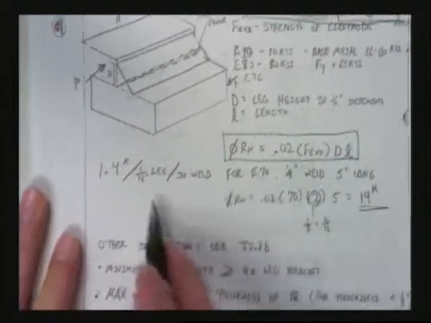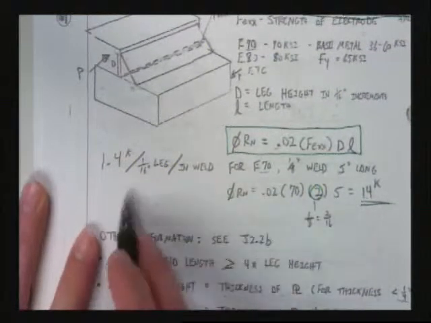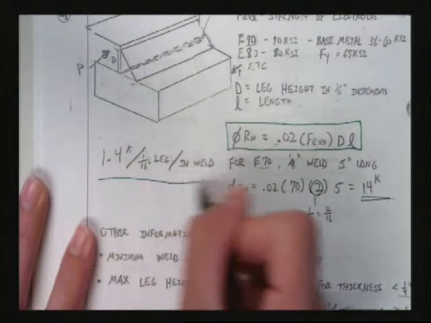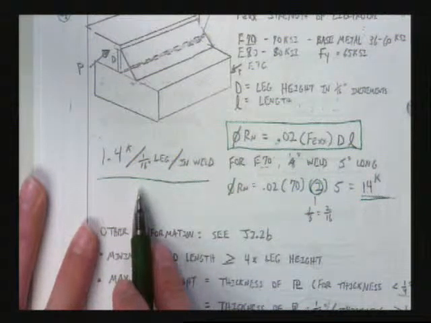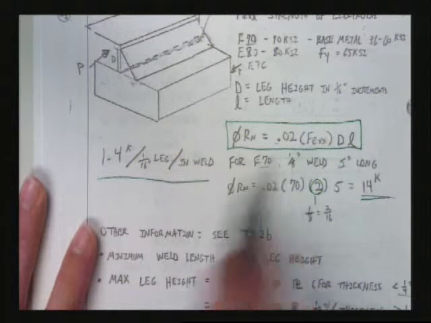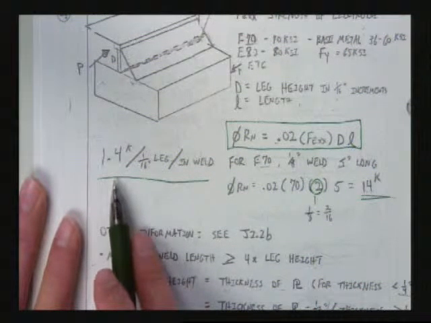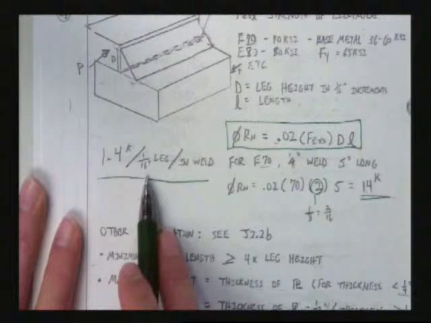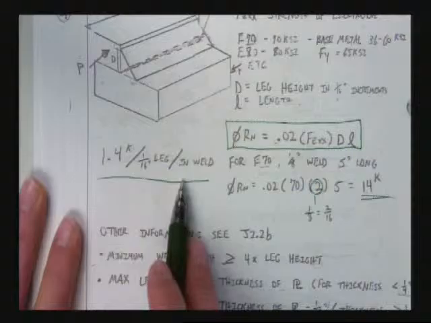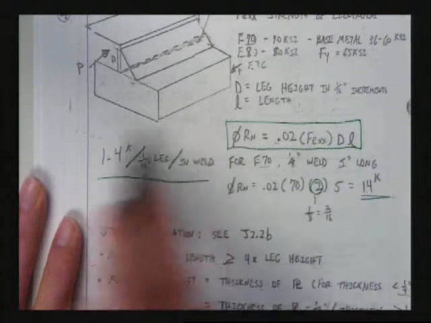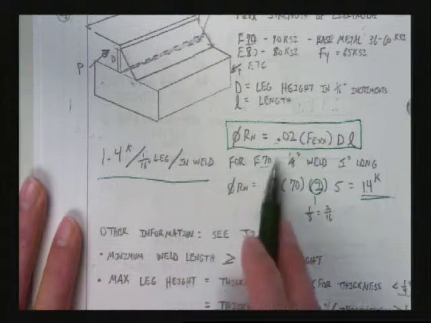Another rule of thumb is with an E70 electrode. You can simplify this even further in case you forget this. With an E70 electrode, you get 1.4 kips per 16th inch leg height per inch of weld length. If that doesn't make sense to you, you can use this equation.